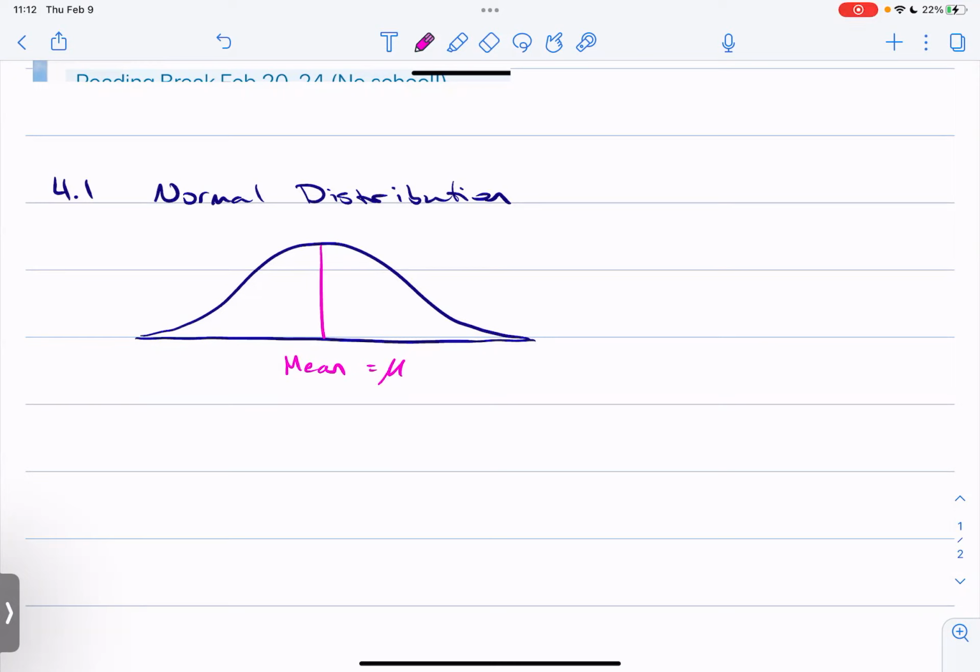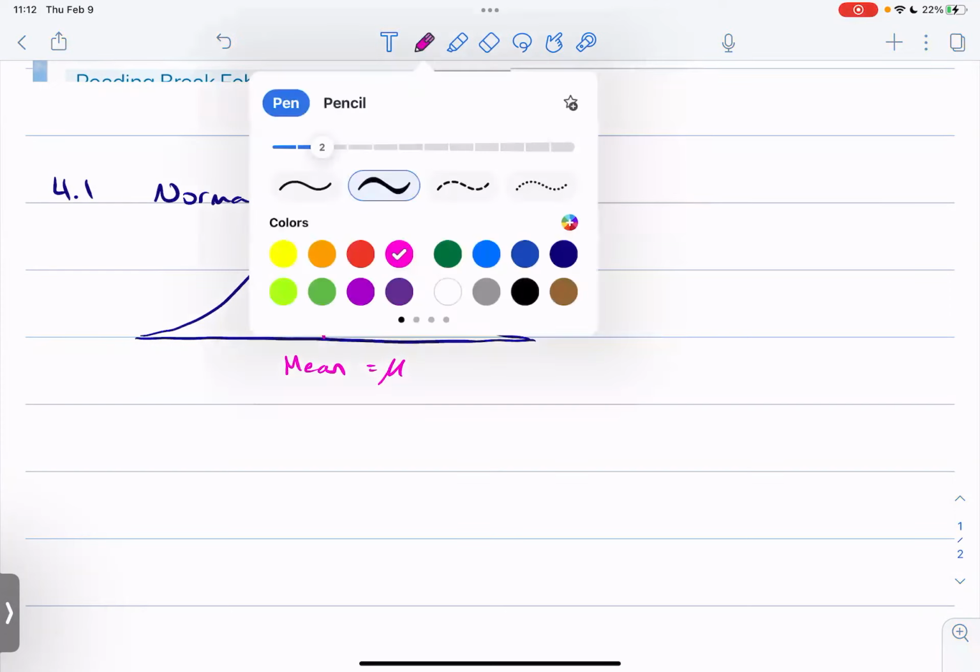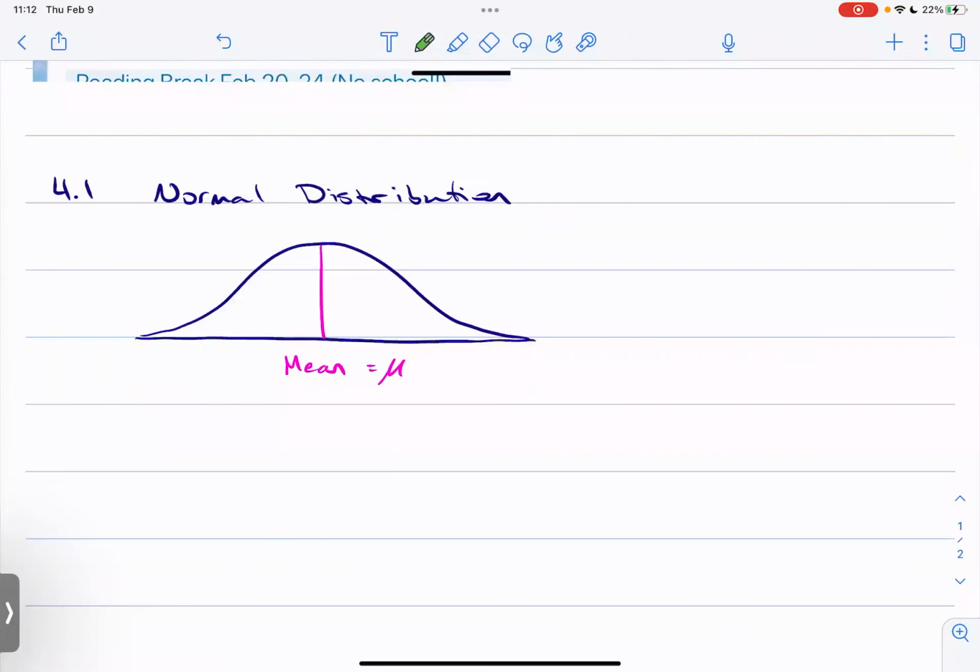If we are using the mean as the measure of center, then we're going to use the standard deviation as our measure of spread. The standard deviation is denoted by a lowercase sigma.